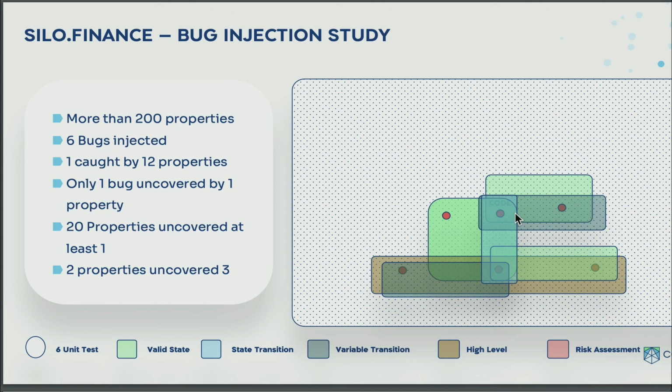The nice thing here is that many properties uncovered the bugs, but there was not one bug that was caught by all the properties, and there was not one property that caught all the bugs. There's a lot of overlapping, and what we see here is that nothing is redundant. Here it's like 20 properties that uncovered at least one, and this is very impressive.